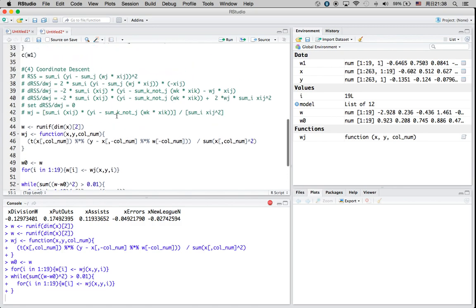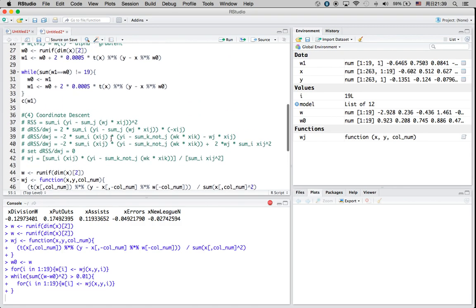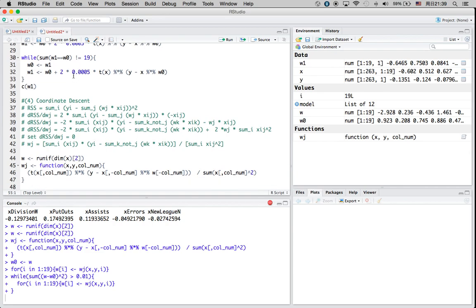But instead of a learning rate, for coordinate descent we don't need to specify the learning rate, since we are trying to find the minimum in one dimension while fixing the other dimensions as constant.